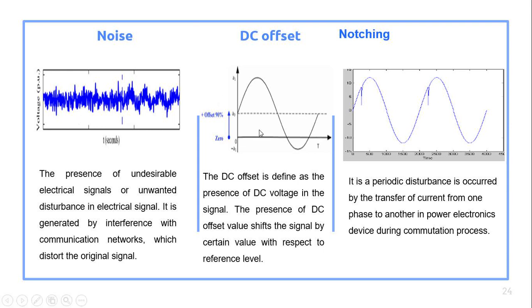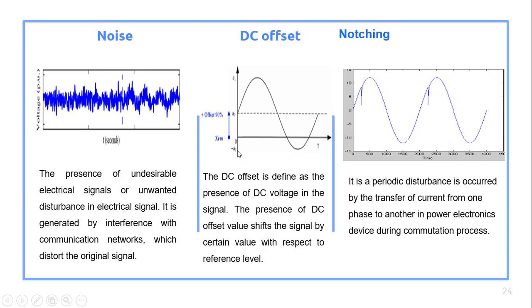DC offset. DC offset is very important because all electronic devices and controllers use a DC supply for their operation. DC offset is defined as the presence of DC voltage in the signal. The presence of this DC offset value shifts the signal by a certain value with respect to the reference level.